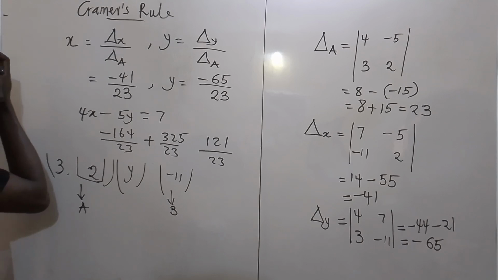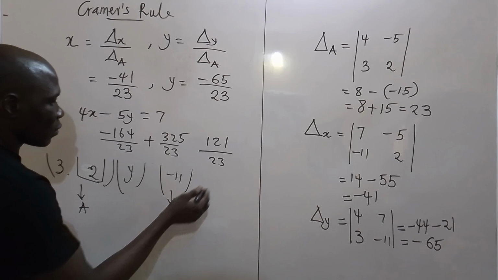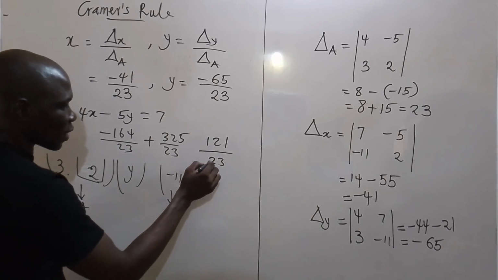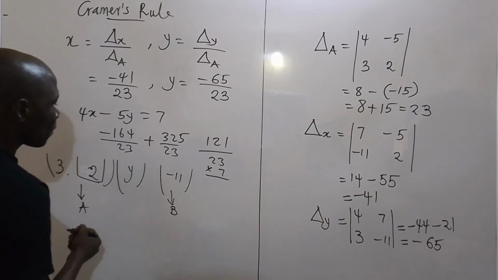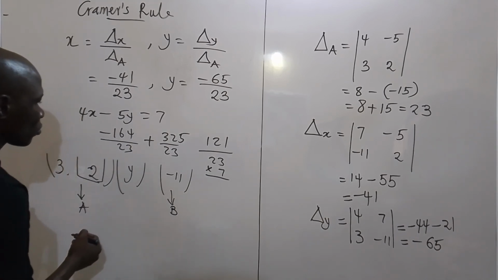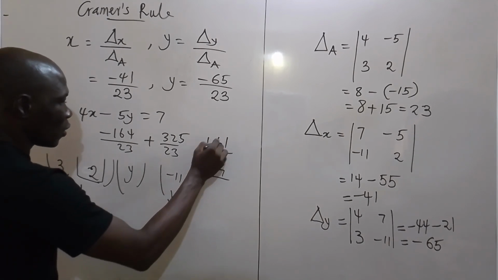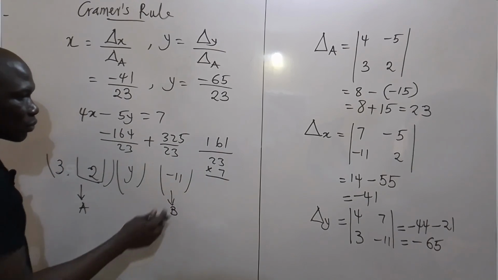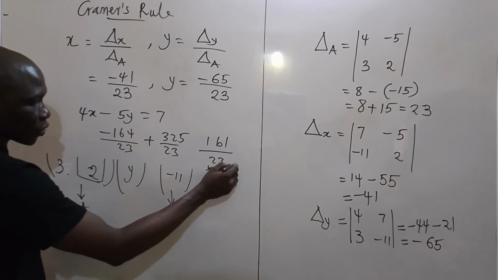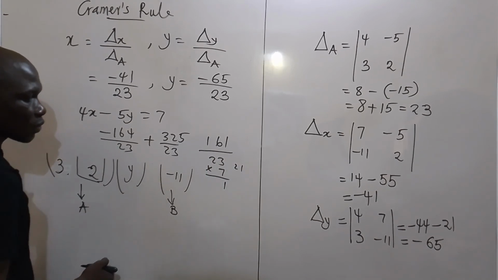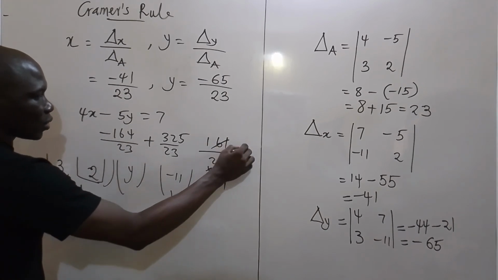So can we get 7 here? If we multiply this by 7, sorry, this is 6 here, so this will give us 7. So 7 times 3 is 21. Then 7 times 2 is 14 plus 2, that's 161. So 161 divided by 23 is 7.